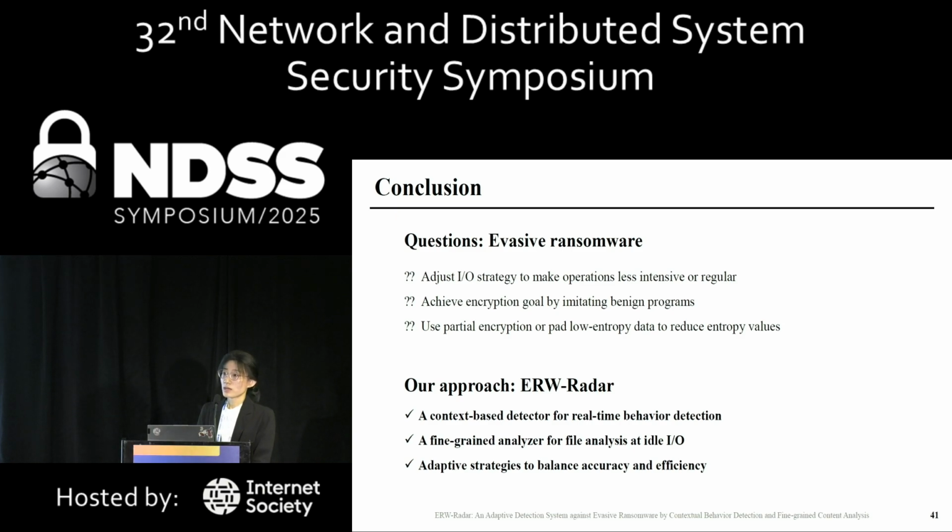You mentioned that sometimes evasive ransomware may try to shut down the detector. So how does this solution prevent attackers from doing that? Yes, it's a good question. You can see that in our threat model, we do not consider ransomware that encrypts at extremely slow speeds, such as we found that some attackers may encrypt 1 byte an hour.